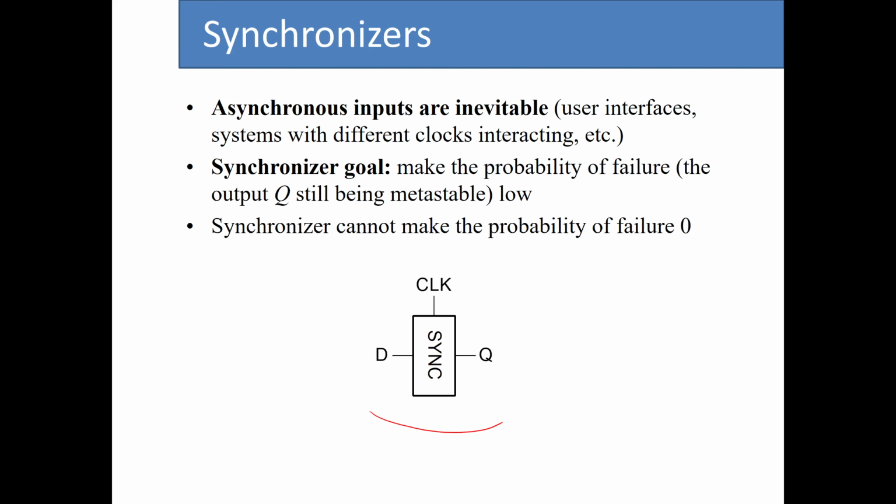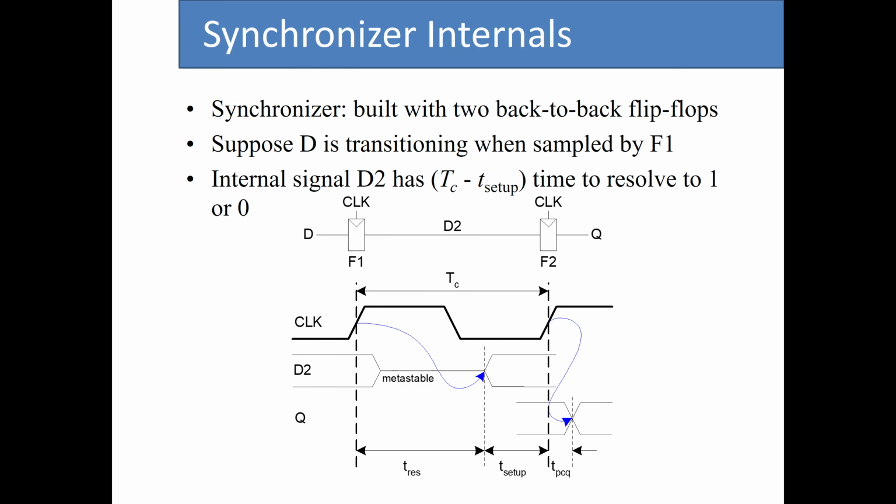So one of them was acting as a buffer. A similar concept is being applied to create a synchronizer too. If you put two flip-flops back to back, the first one acts as a buffer for the second one.